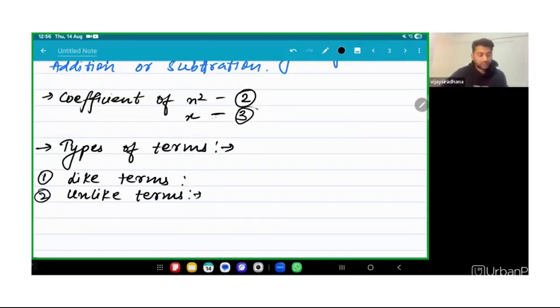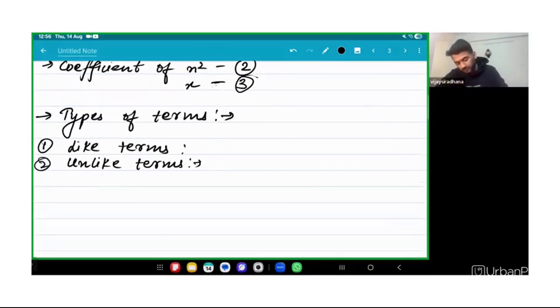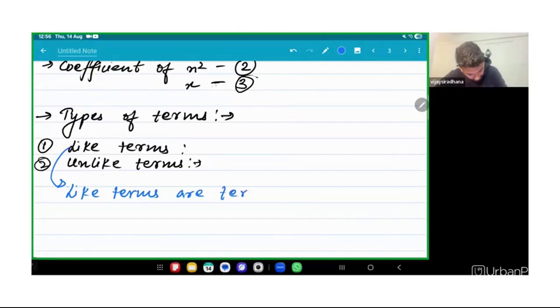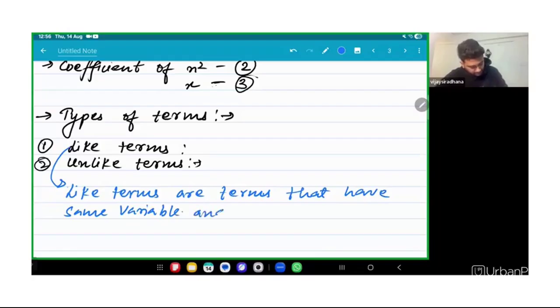So students, like terms are those where we'll be having the same variable and the same power. So like terms are terms that have same variable and power.